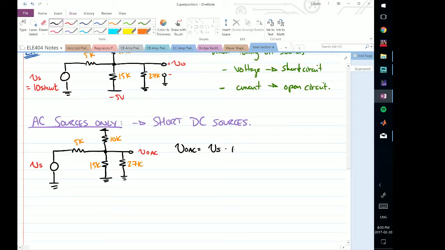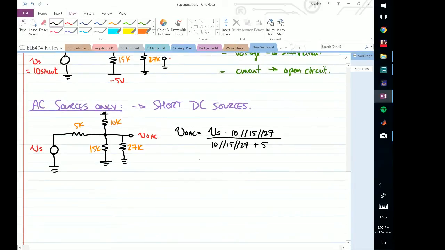So this is going to be 10K in parallel with 15K in parallel with 27K, and all of this is going to be divided by 10K in parallel with 15K in parallel with 27K, plus 5K. If I take the parallel combination on the top, I will find this is Vs times 4.91. Since that is 4.91, if I add 5 to that, I get 9.91.